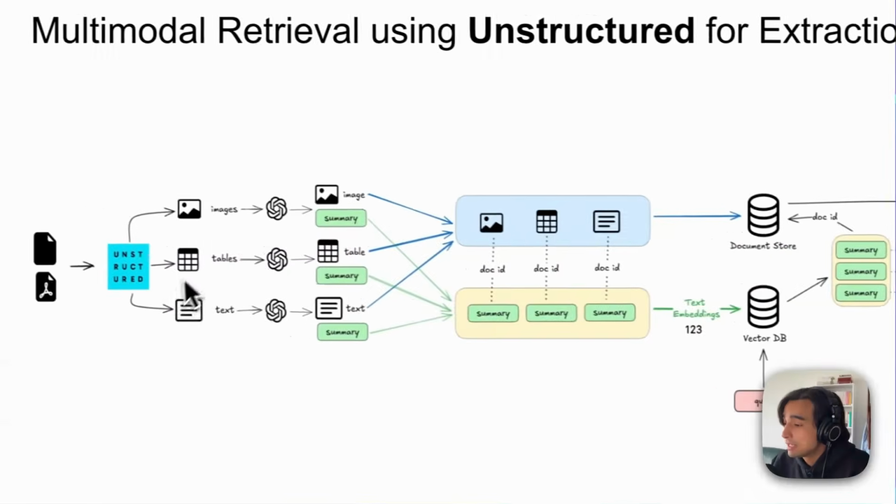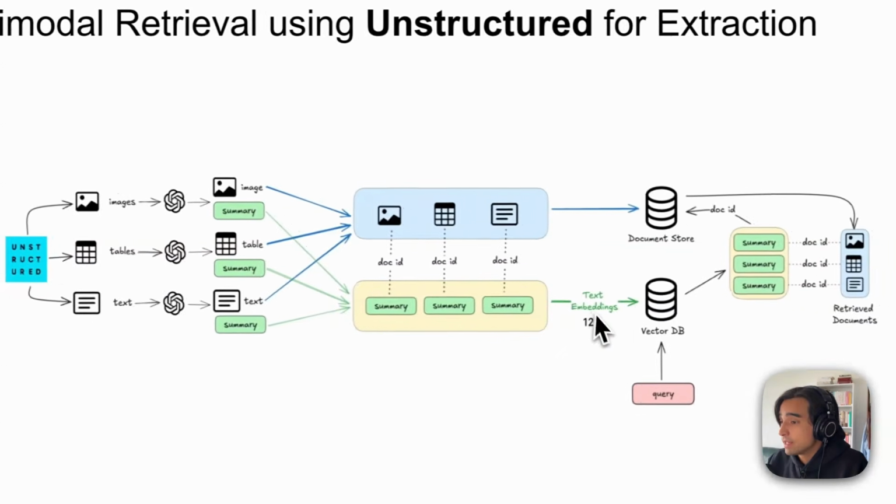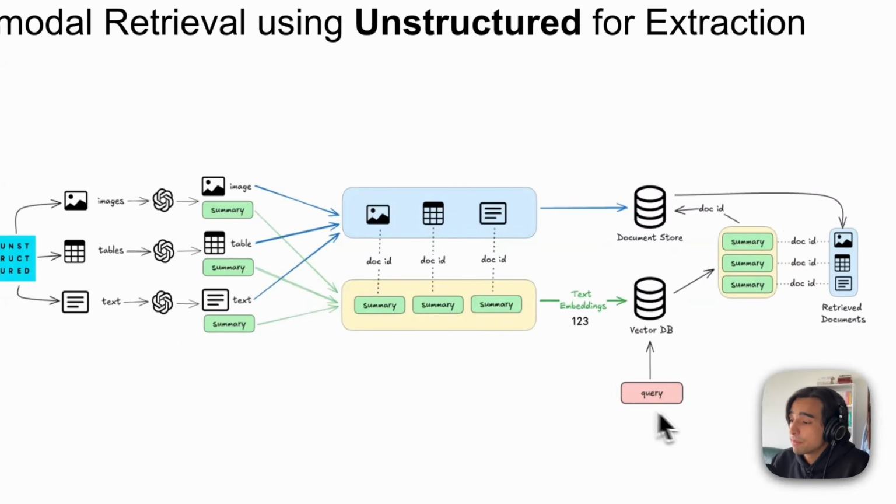So for example, let's say that you're loading the research paper Attention Is All You Need from Google, right? And you're querying something like, what is multi-head attention? That is going to retrieve the summaries of the documents that talk about multi-head attention, okay? So that's the retrieved documents.